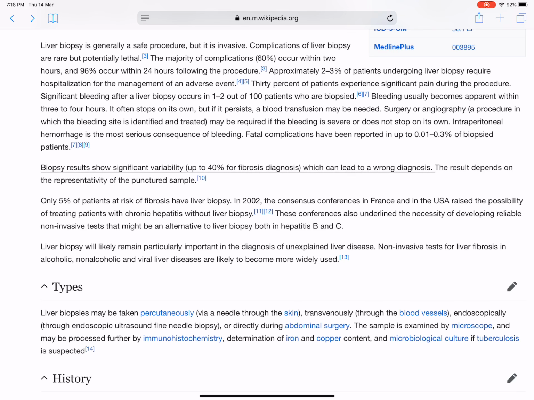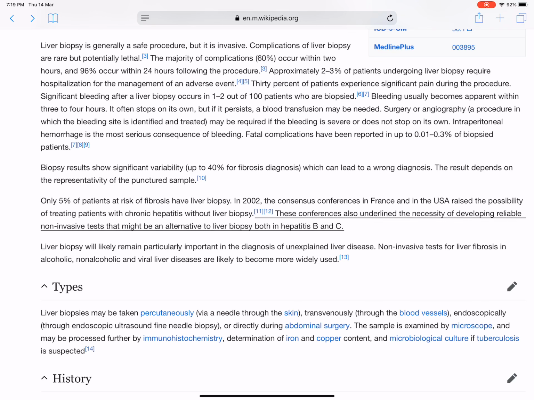Biopsy results show significant variability, up to % for fibrosis diagnosis, which can lead to a wrong diagnosis. The result depends on the representativity of the punctured sample. Only % of patients at risk of fibrosis have a liver biopsy. In 2002, the consensus conferences in France and in the USA raised the possibility of treating patients with chronic hepatitis without liver biopsy.